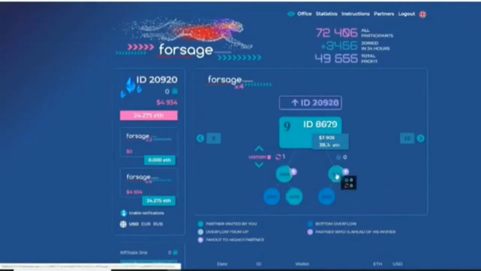So if I click here on 8679, you can see it is right here, right? So these two guys he referred, but not this guy, 20,920 ID. Okay, so for 8679, they appear in the first two spots, and you can see the arrows, payout to the higher partner.